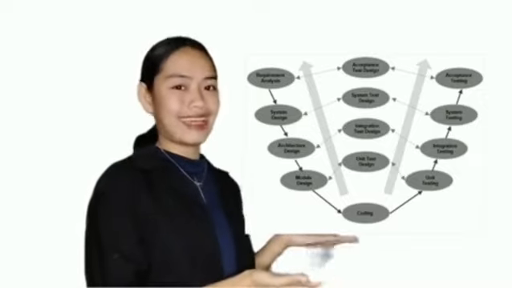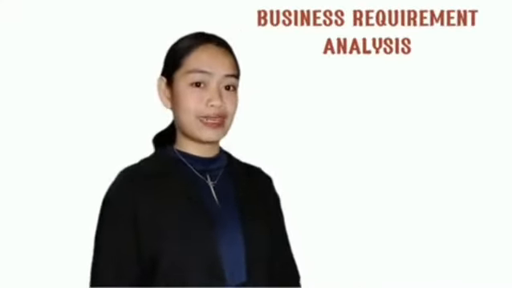The V model design. There are five verification phases in the V model. Number 1, business requirement analysis. This is the first phase in the development cycle where the product requirements are understood from the customer's perspective.